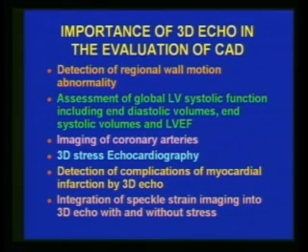Then we can get some idea on the coronary anatomy. We can, in some cases, with a reasonable echo window, get the proximal to the mid-segment of the coronary arteries on 3D echo, and we can also see the flow in them. 3D stress echocardiography is going to be very useful, because we can capture everything in one full volume study and therefore perform an immediate post-exercise 3D echocardiogram.